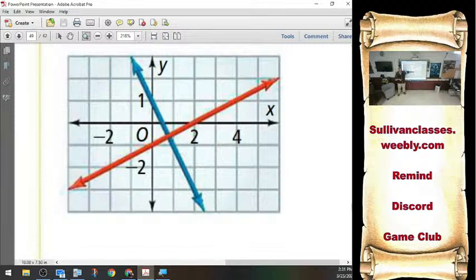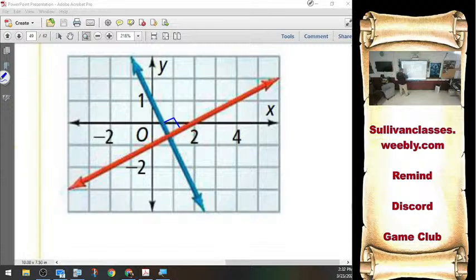Do you remember these? Did you see these before? I don't know what you did in middle school. Okay, these are perpendicular lines, and they're very special in that they're going to put that symbol in the corner. Remember what it means? I got a right angle. They meet at a 90-degree right angle.